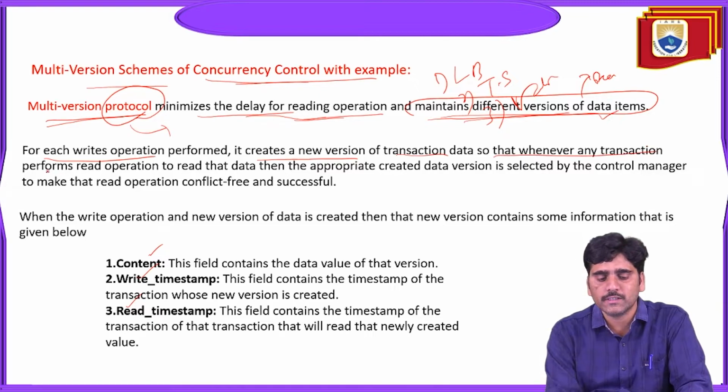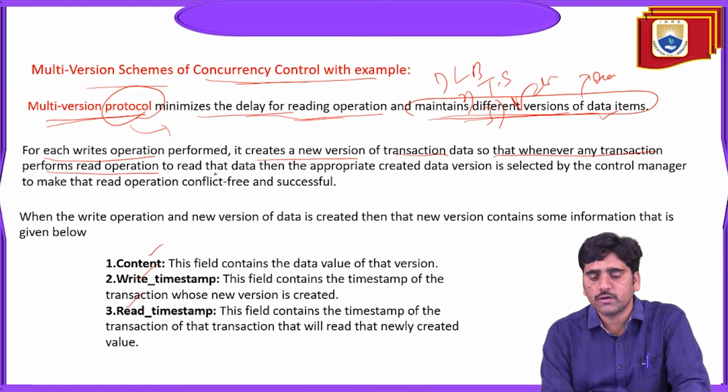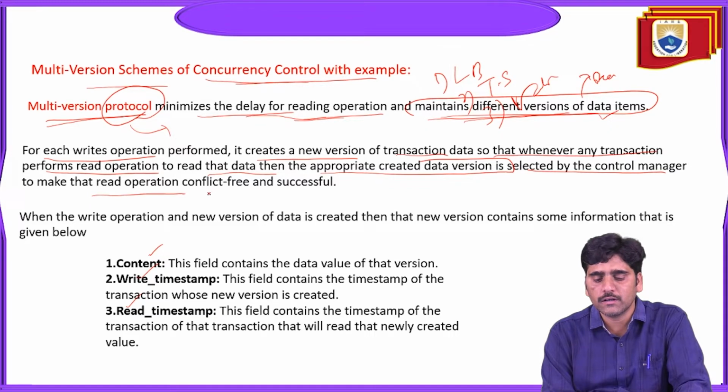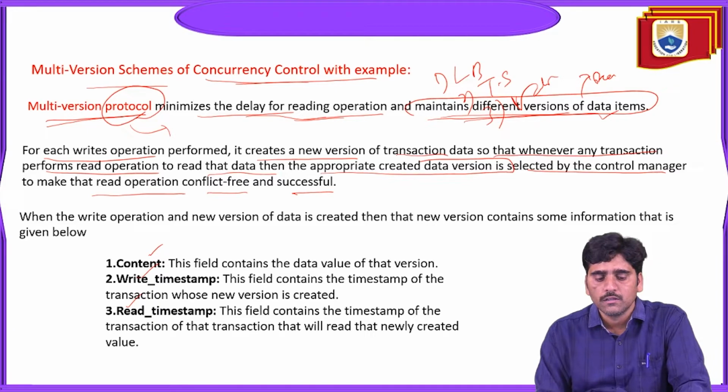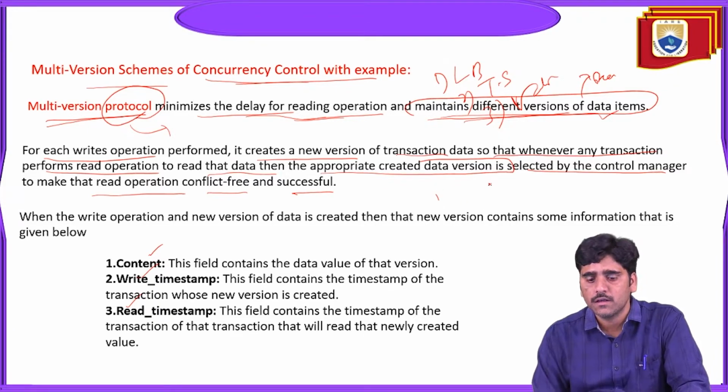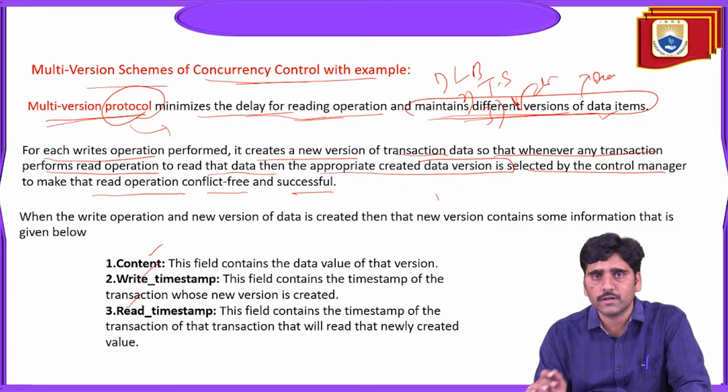Whenever any transaction performs a read operation, the appropriate created data version is selected by the control manager to make that read operation conflict free and successful. So it identifies all the readable transactions and all the writable transactions.